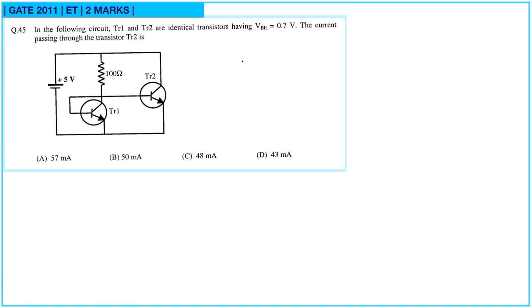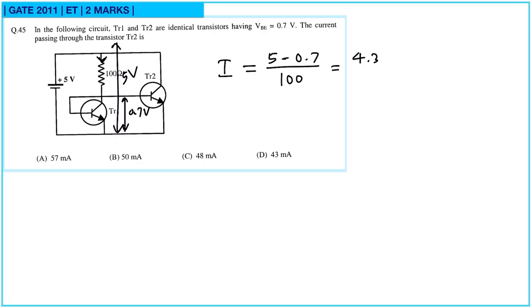So total voltage is 5. So if I want to find current through this, then this total voltage is 5 volt, out of which this part is 0.7 volt. So this current will be 5 minus 0.7 volt upon the resistance, that is 100. So this will be 4.3 upon 100, that is 43 milliampere. So the current passing through this 100 ohm resistance will be 43 milliampere and that same current will pass through transistor 2 as well. So here option D is correct.